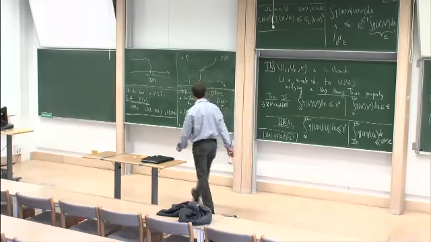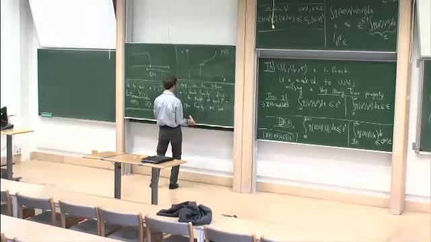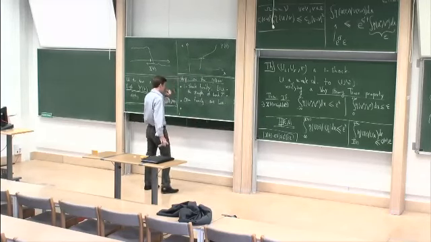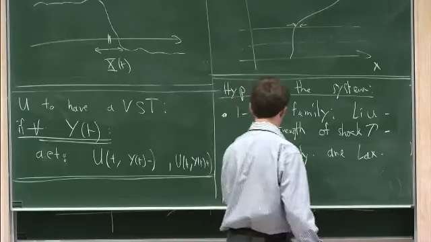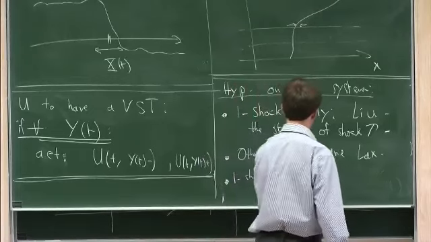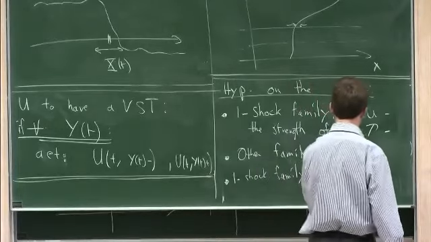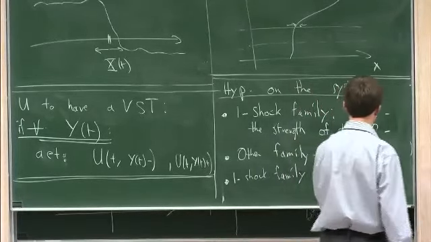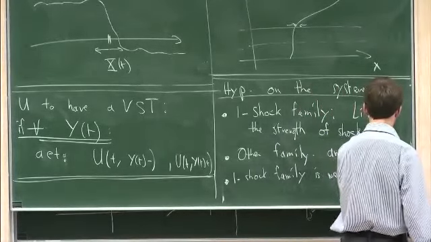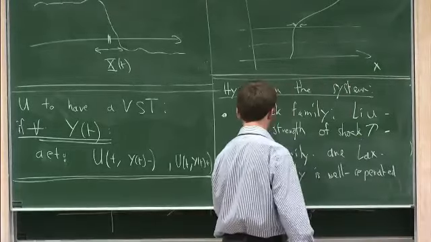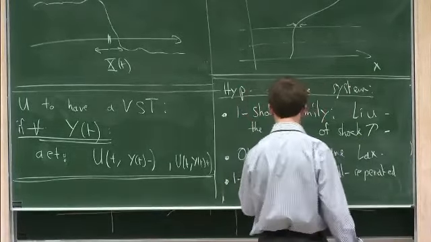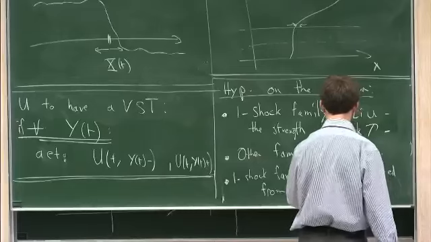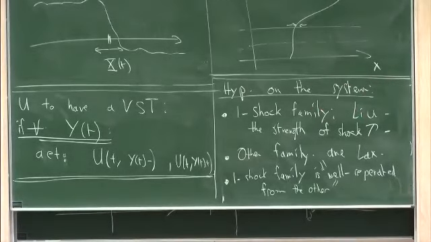It's very natural. And the last thing says that the one shock family is well separated, what I call well separated, from the other. I will say what it means.